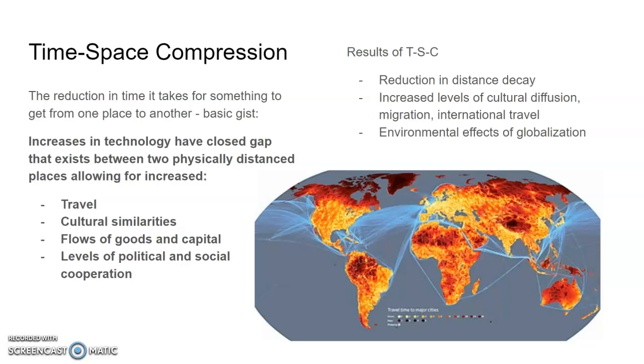But it's also important to point out that we have a lot of environmental effects too. Environmental effects of things like large amounts of travel, or the flows of goods and capital, have created pretty interesting and often harmful environmental effects throughout the world. So we'll get into more of that later in the year.